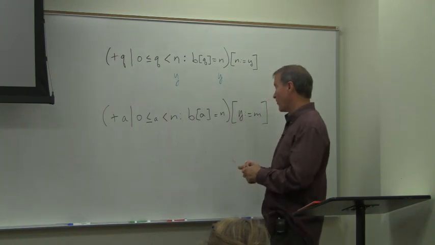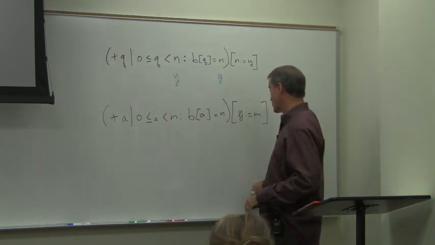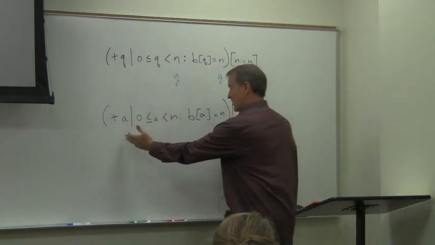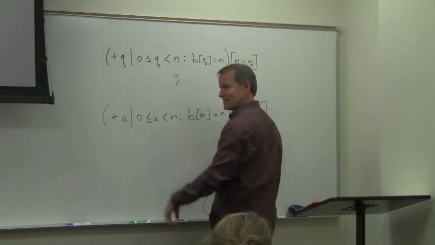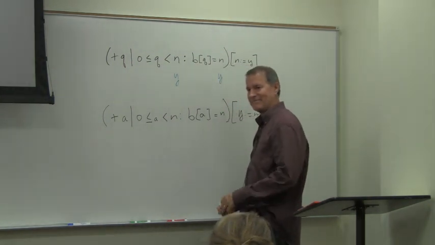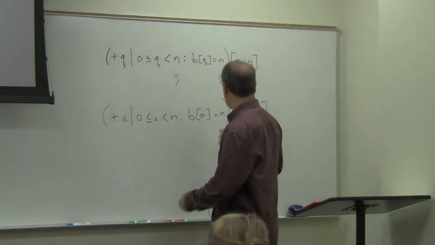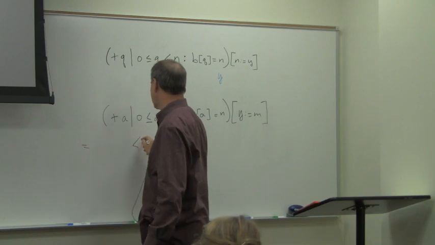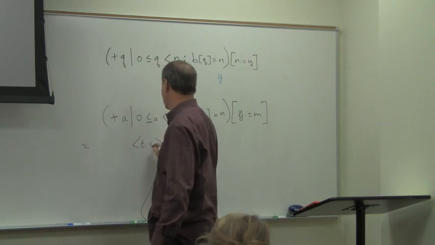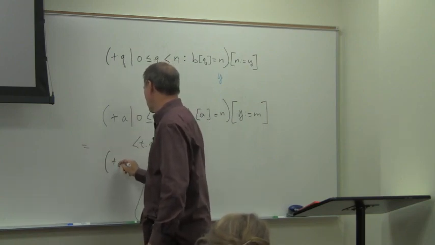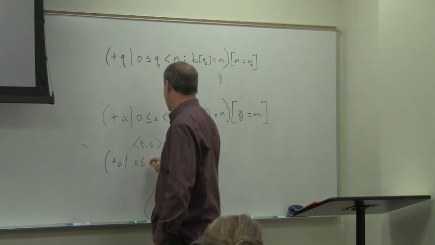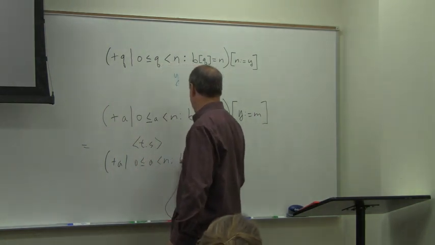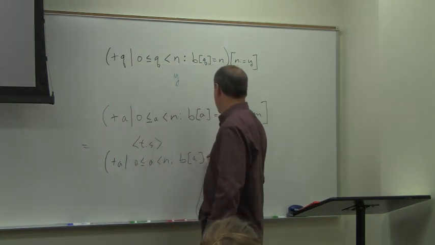But we know from how textual substitution works that if it isn't here, then we're just left with this. So when you do this textual substitution, this equals, by textual substitution, the same thing: plus A, 0 less than or equal to A, less than N, B sub A equals N.